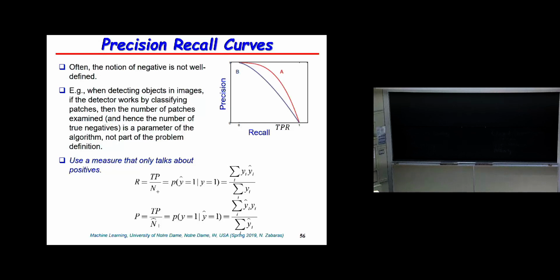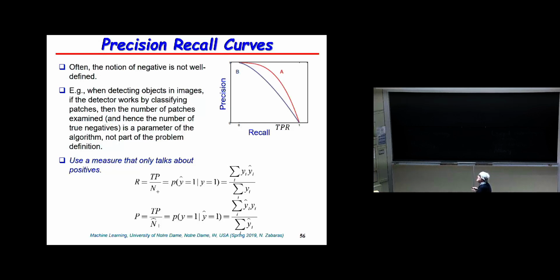Because talking about negatives is not appropriate. So we say, from the true positives, how many times the classifier declares something to be positive. And the other way around, from the ones that you declare to be positive, how many were actually positive?